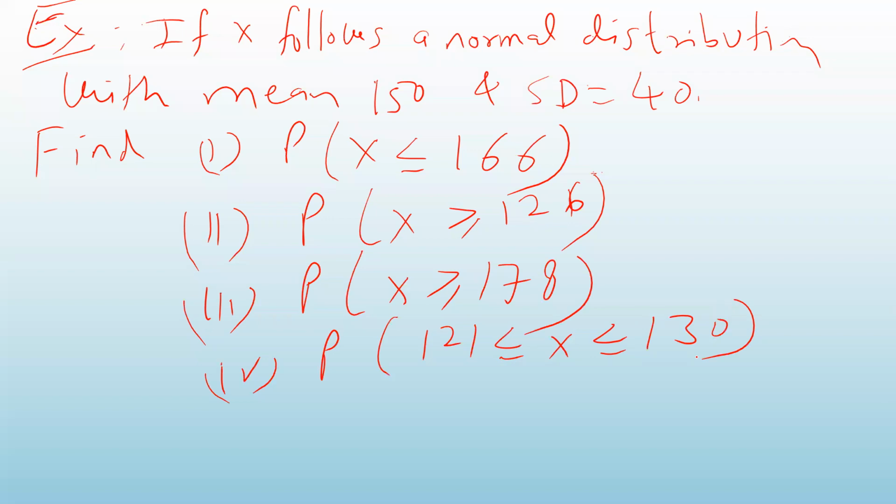So what is given to you in this question? That x follows a normal distribution. Mean is given to you as 150 and standard deviation is given to you as 40. So let us write down what is given to you.